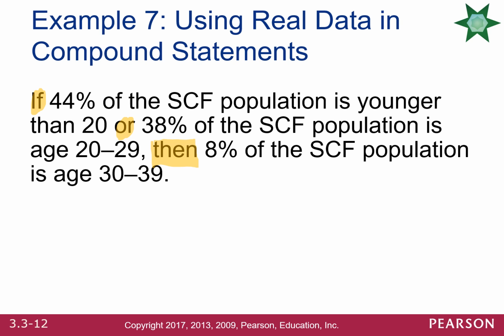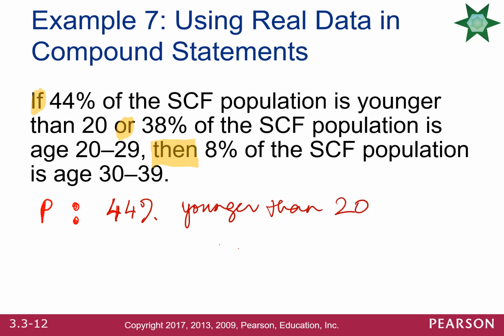All right. So it says if 44% of the SCF, so I'm going to just break this up into statements and denote them with letters. PQR looks like we have three statements here. So I'm going to denote P as 44% younger than 20 years.